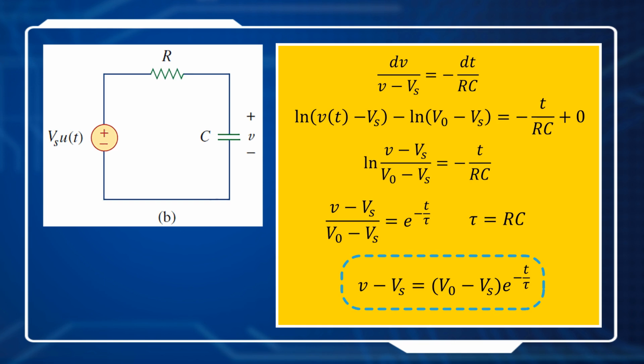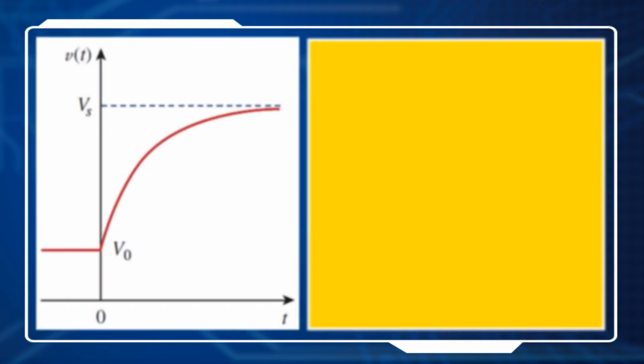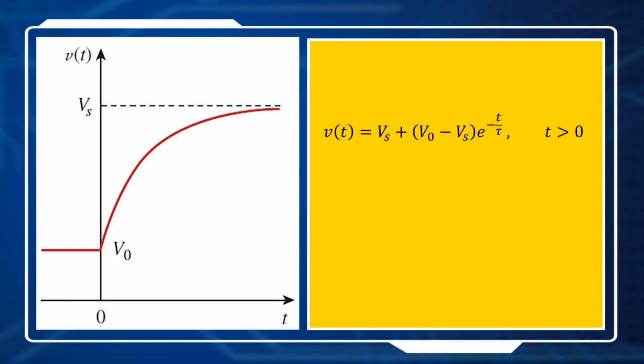And you can find the time constant tau is just like the source-free RC circuit. And then we can rewrite the solution as V(t) equals Vs plus (V0 minus Vs) multiplied by e to the minus t over tau power when t is greater than 0.